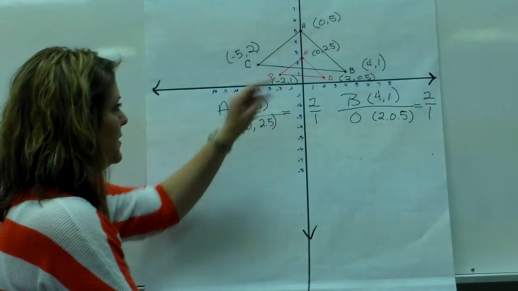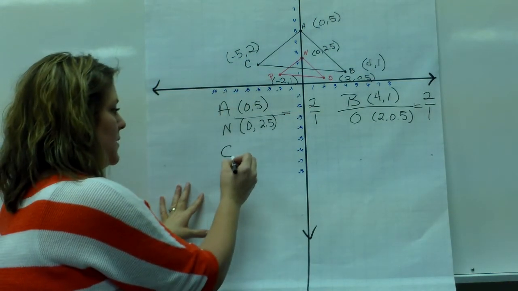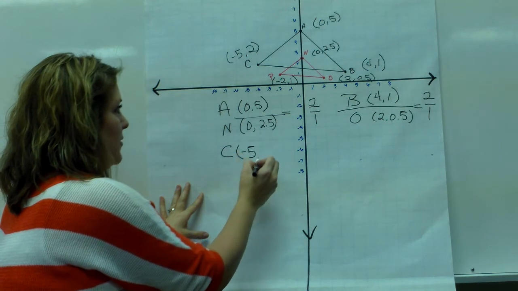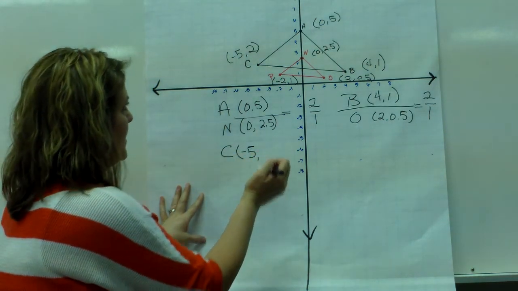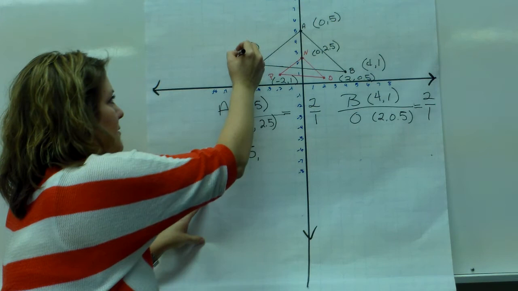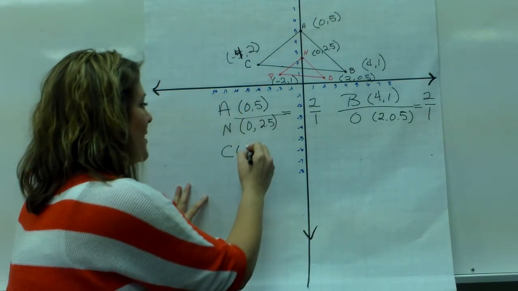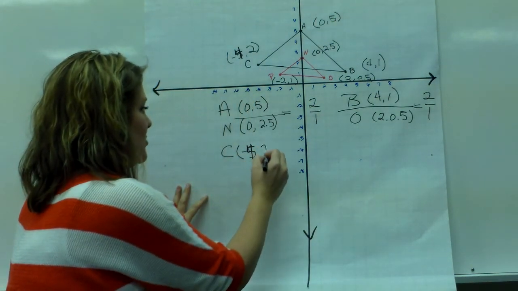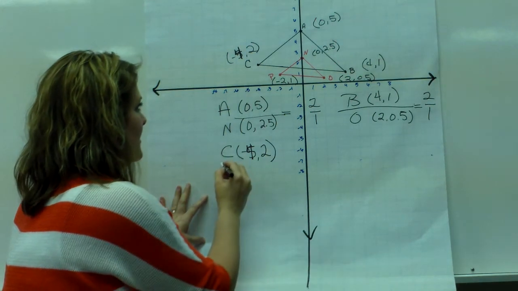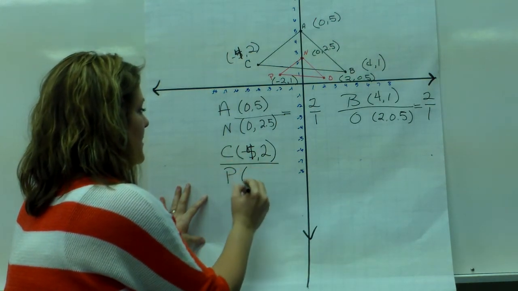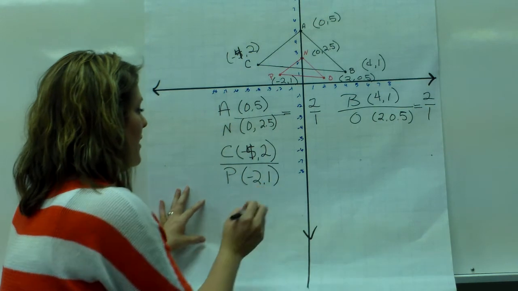Let's look at C and P. C is at -5. Sorry, that's a -4. My fault. I'm so sorry about that. So (-4, 2), and P is at (-2, 1).